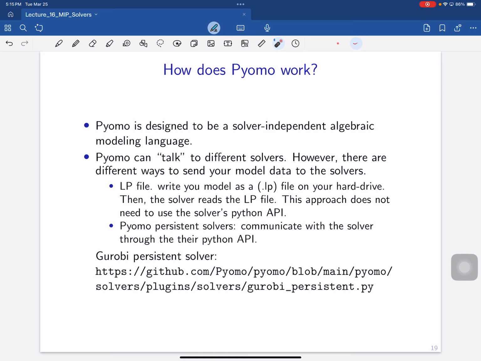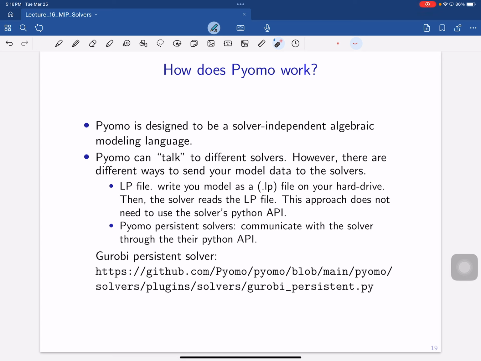One is through the so-called LP file. An LP file is a file format to save a mixed integer programming model or a linear programming model on your hard drive. It is a file format just like TXT or PDF, but a specific one for mixed integer programming models.